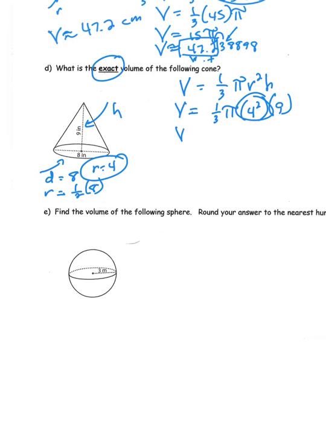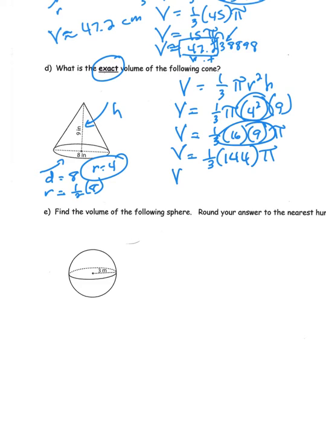4 squared is 16, so we have 1/3 times 16 times 9, and I'm going to move pi to the back. Again, the commutative property allows us to move things around with everything being multiplied. So 1/3 times the product of 16 times 9, which is 144 pi.